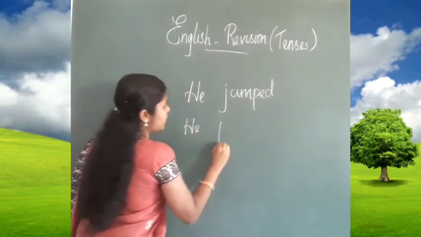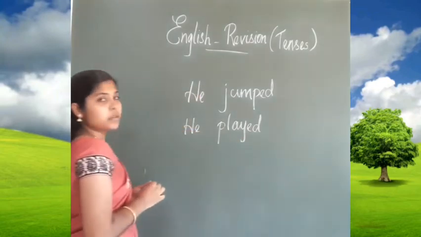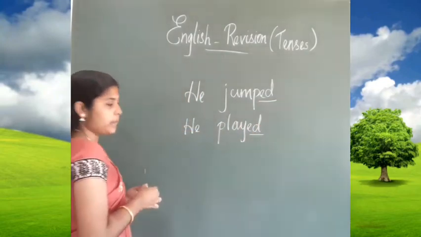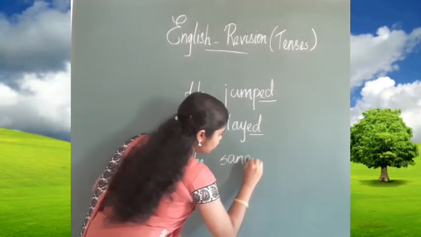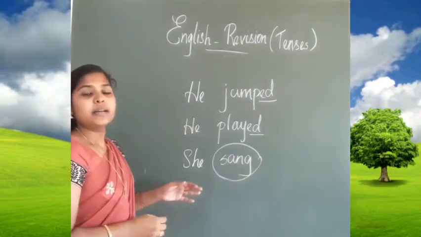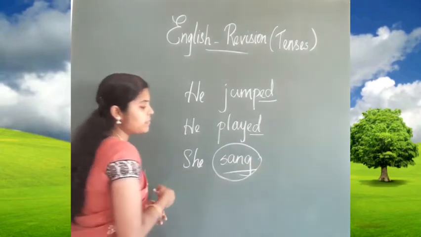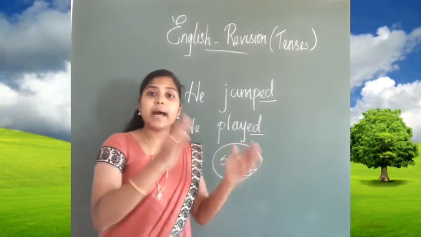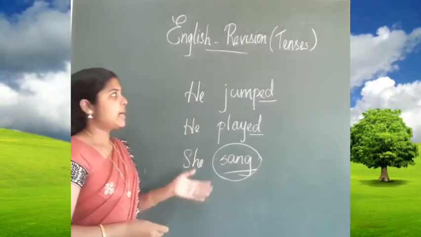He played. Okay. She sang. What is this? Sing, sang, sung. So, this is the past form of the verb. So, an activity which happened already in the past, that is simple past.